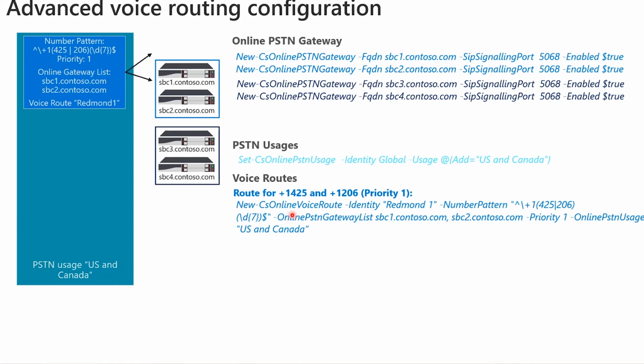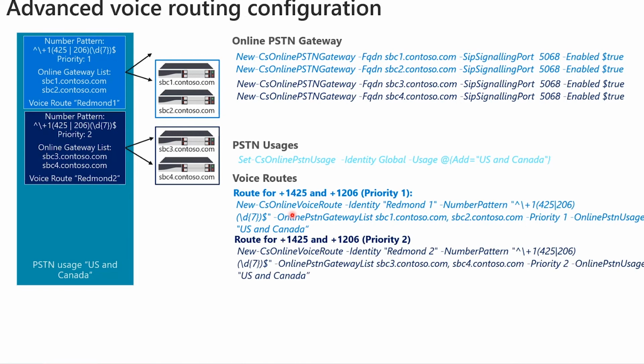Then I'm going to set up a second pair of gateways, SBC3 and 4, in a secondary data center in the same region, for example. I create a voice route for these two gateways also, and they will also handle +1425 and +1206 numbers with the priority of 2. Within a site, I can't control which gateway we're going to send the call to.